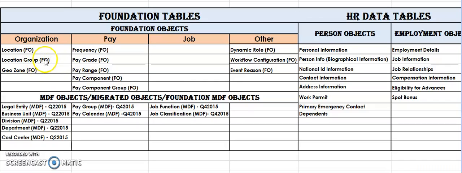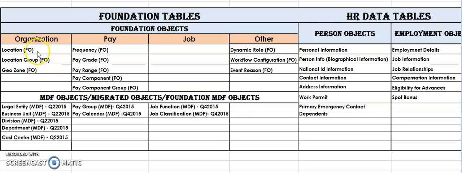A set of locations can be considered as a location group, for easy identification of the customer, and the locations are the individual places where the company is present.